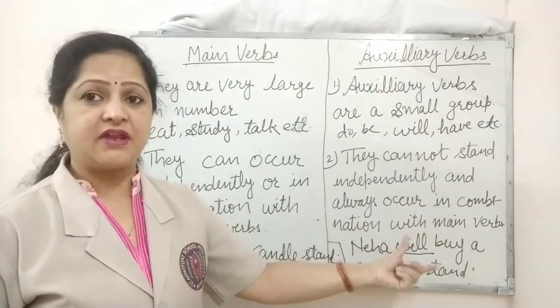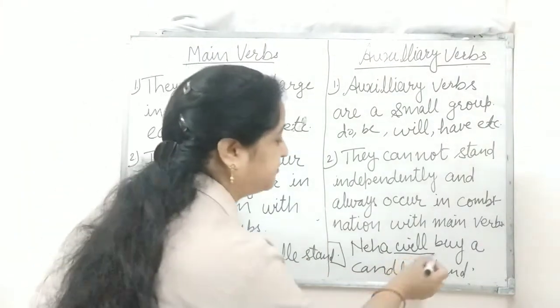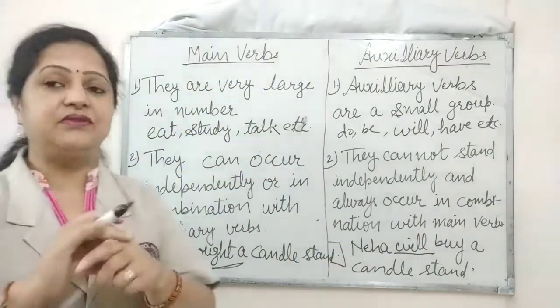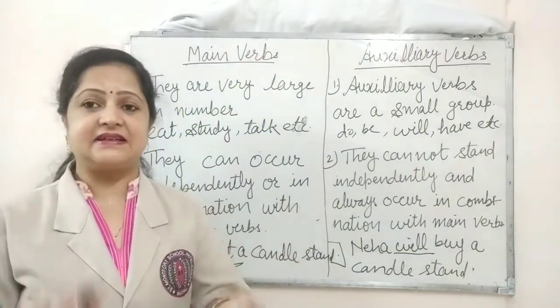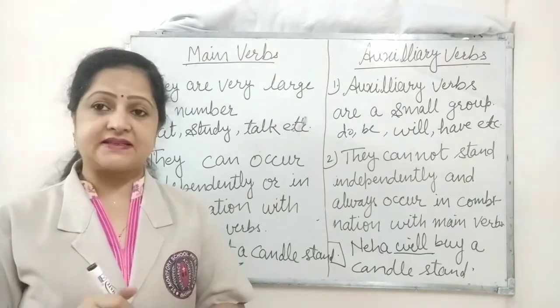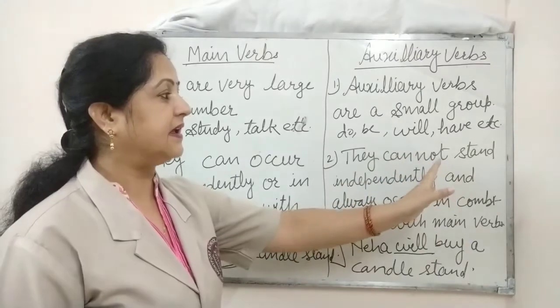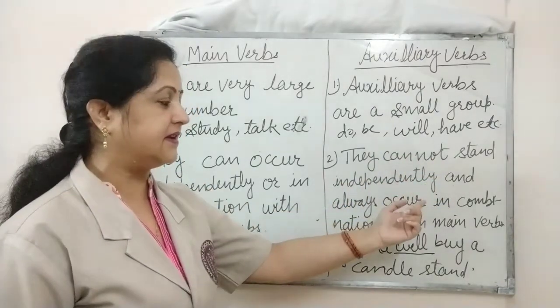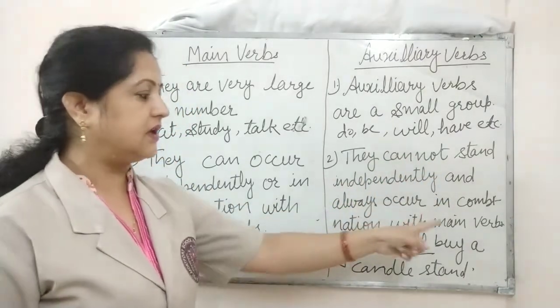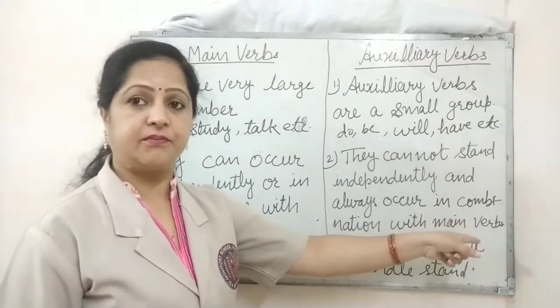Without the main verb, if we simply write will, the sentence will be meaningless. So it is clear that auxiliary verbs cannot stand independently and always occur in combination with the main verb.